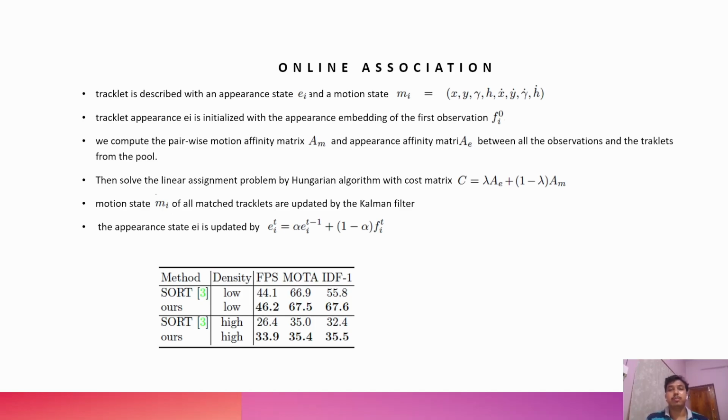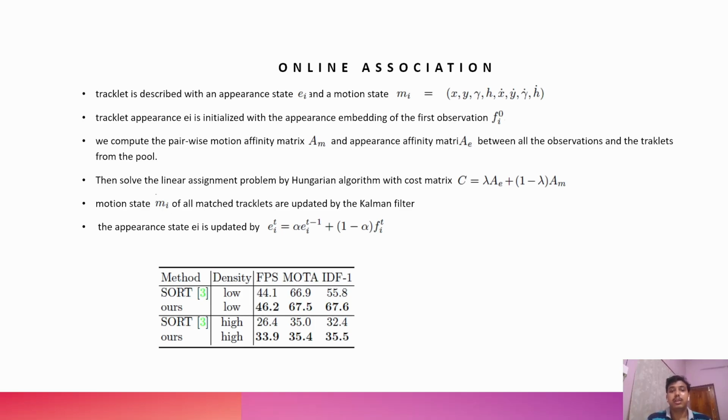We compute the pairwise motion affinity matrix A_M and appearance affinity matrix A_E for all the observations and the tracklets from the pool. The appearance affinity matrix A_E is calculated by the cosine similarity matrix, whereas the motion affinity matrix A_M is calculated by the Mahalanobis formula.